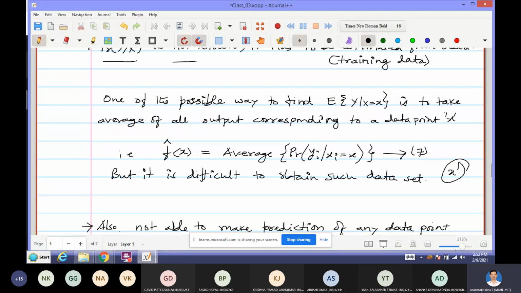In that case, this equation 7 will play the role and overcome that problem. The average will be taken, but the average need not always be good. The average may be poor, and the estimate of expectation may fail in some cases. But this is one possibility, that you can take the average.